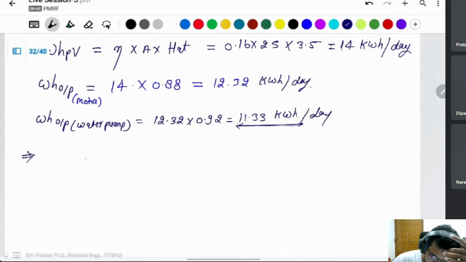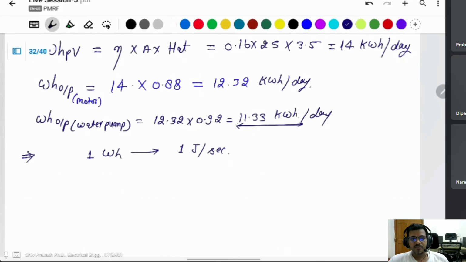Then what happens? 1 watt is equal to 1 joule per second. Both are energy parameters, units, joule per second. Sorry, 1 watt is also a power rating, joules per second.